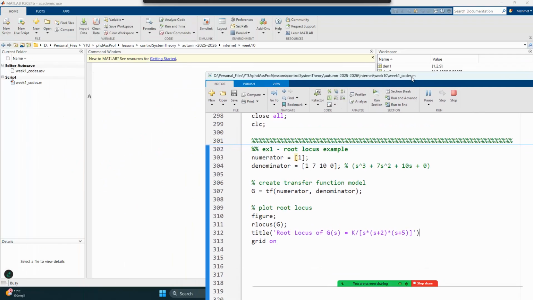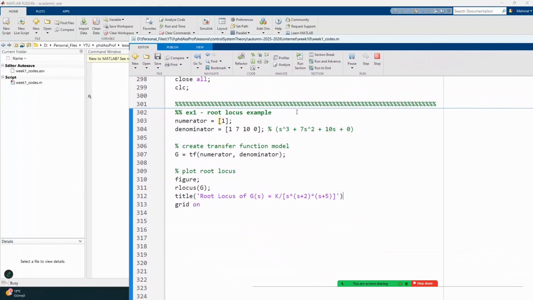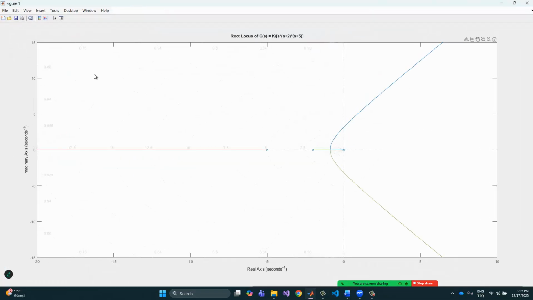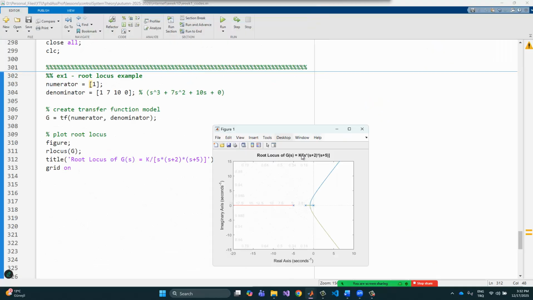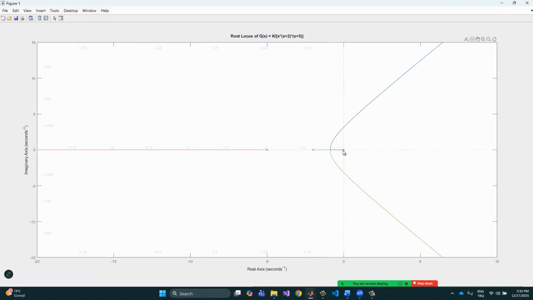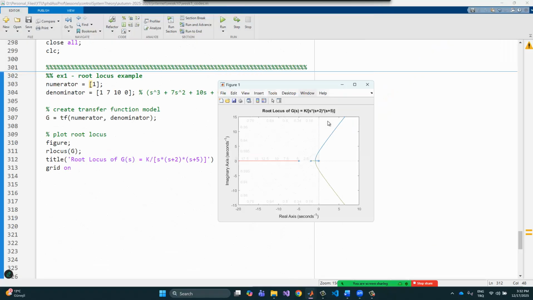So if I run this code, we will have this kind of output. See, we have the roots at 0, minus 2, and minus 5, which means that we have poles at each of these.